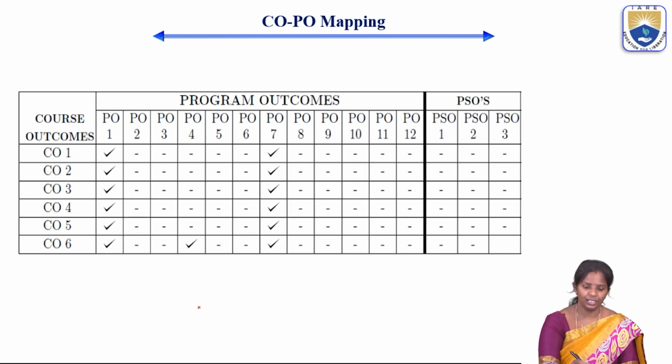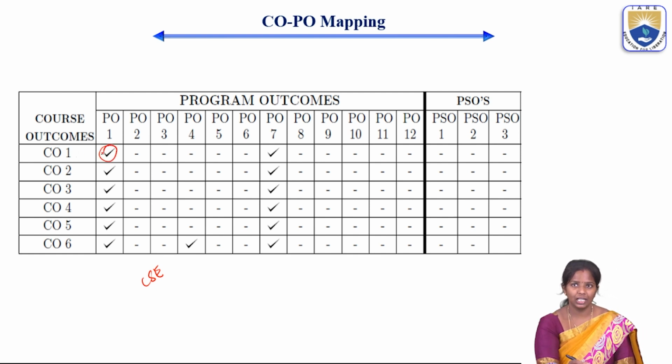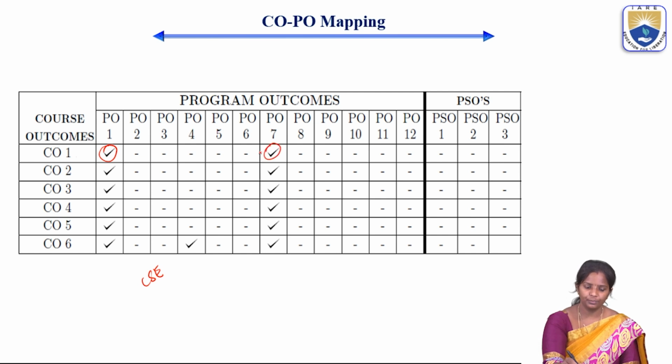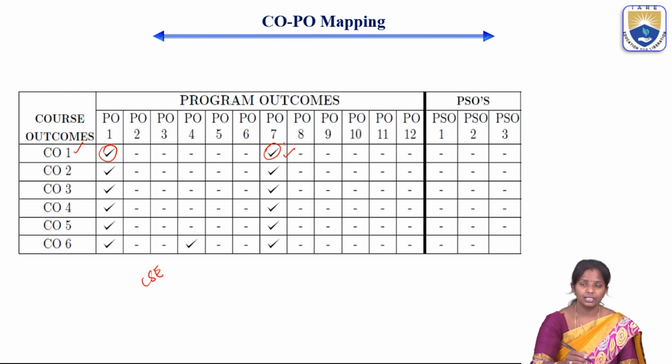For example, if we take the CSE branch, course outcome 1 will be mapped with PO 1, engineering knowledge, and PO 7, environment and sustainability. So this course outcome, or module 1, is correlating with PO 1 and PO 7.